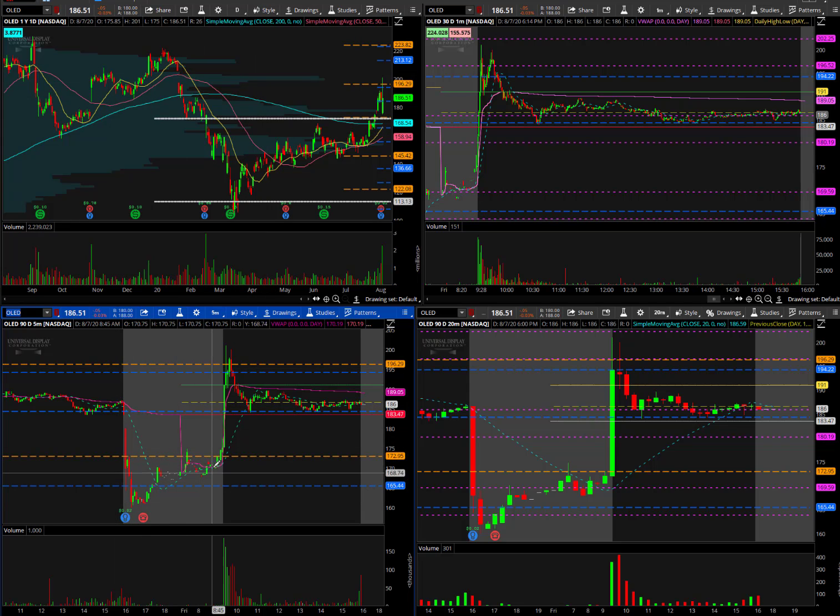If I had seen this move here, because I did not, I would have placed my order right in between these two pivots. My first order will be between these two pivots.